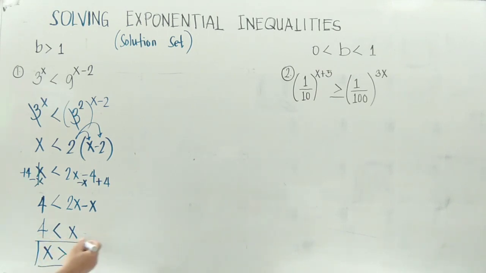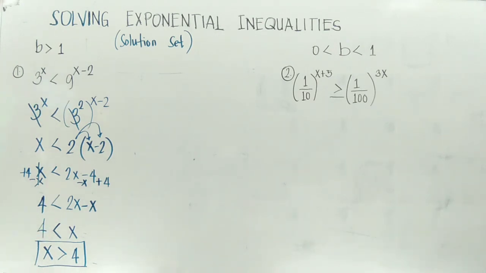Okay? So we have x is greater than 4, or it can be written as 4 is less than x. Or if we will try to read it from x, x is greater than 4. Okay? So the opening of your inequality symbol denotes the higher value. So it opens on x and points on 4.